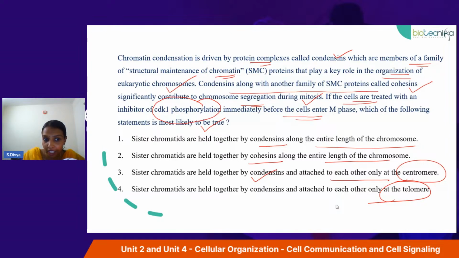If the cells are treated with the inhibitor of CDK1 phosphorylation before it enters the M phase, then what should be the answer? Okay, I can see some confusion coming up with options 2 and 3. Let me clear that. Yes, Red is also correct. Correct answer is 2.